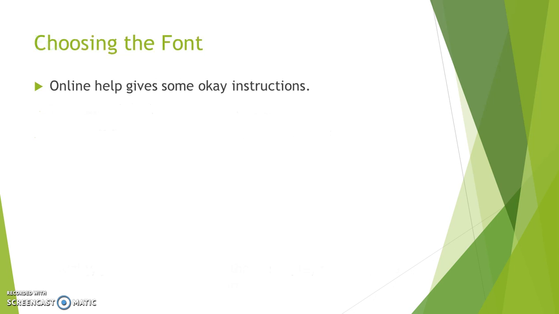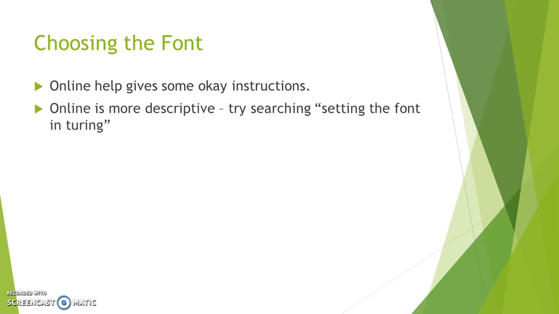Now, as far as choosing fonts goes, the online help inside Turing is all right. I really find that the web-based system is more descriptive. So try going into Google and searching on setting the font in Turing, and I think you'll find some useful links from there.